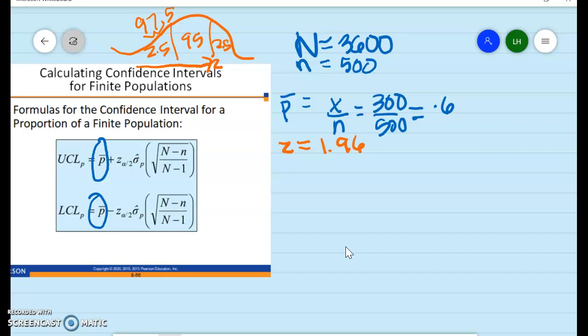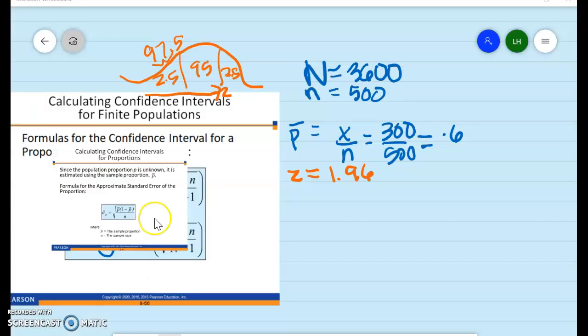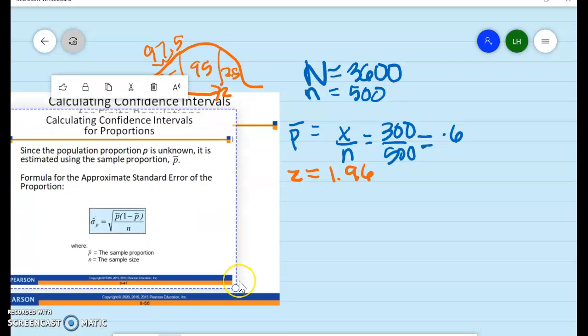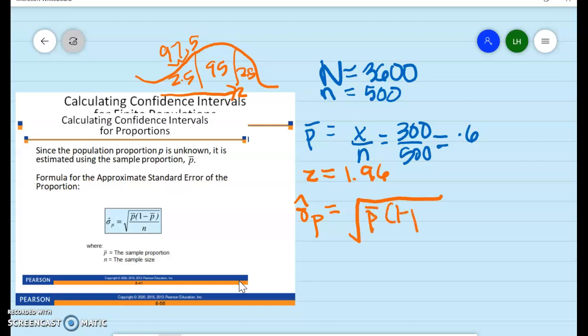Now we need to find our standard error of our proportion. Okay, so since we don't know our standard deviation, it's going to be the approximate standard error of the proportion. So it is the square root of the proportion times 1 minus the proportion over n.